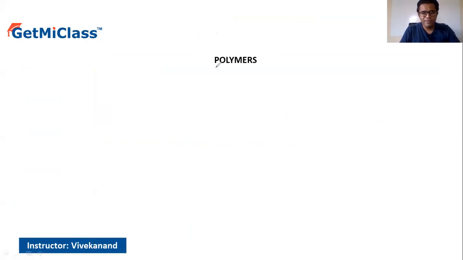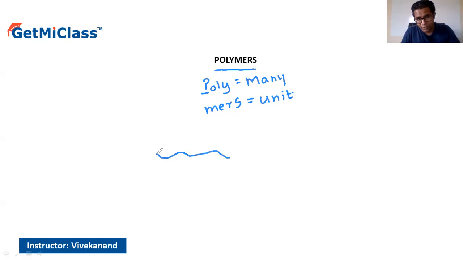So when we speak about polymers, remember that this term polymer is taken from Greek, which means poly. Poly refers to many, while mers is nothing more than a unit. Now, a polymer is actually a huge chain-like structure.